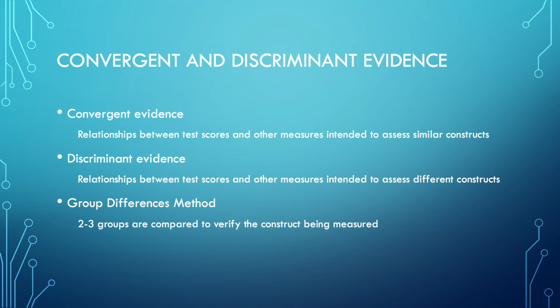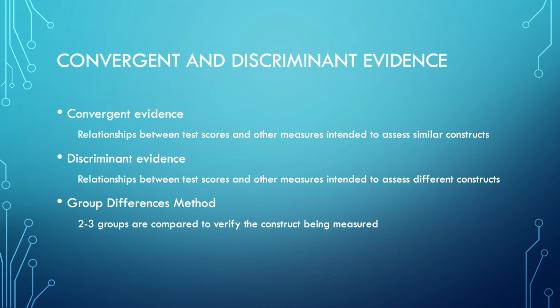Using that same example, we would expect our questionnaire for physical activity to have a low correlation to a questionnaire measuring a different construct. Let's say knowledge, IQ, right? So there are two different constructs, so we would expect them to have low correlation to each other.